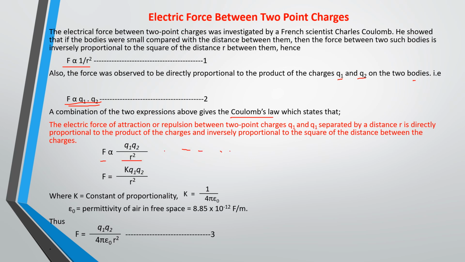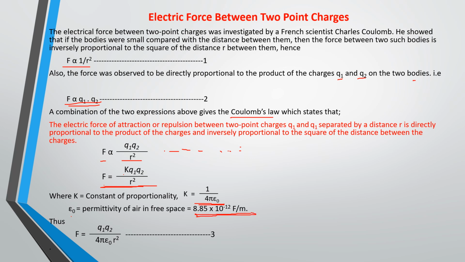If we take this as another equation, you can write it like this. K is a constant of proportionality, and this is the value of K. Epsilon 0 is the permittivity of air in free space, and this is the value of epsilon 0.